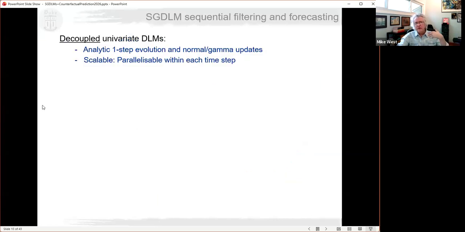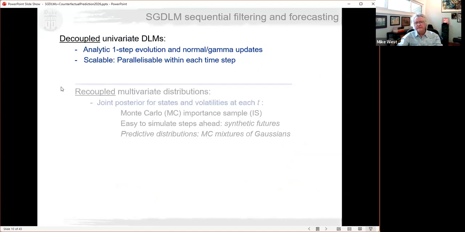So the way it works is that at each time point, moving ahead one time point, we're using that theory for analytic linear Gaussian evolutions, normal gamma distributions for the filtering updates. And we can do that in parallel across series, so the computation is linear in the number of series.